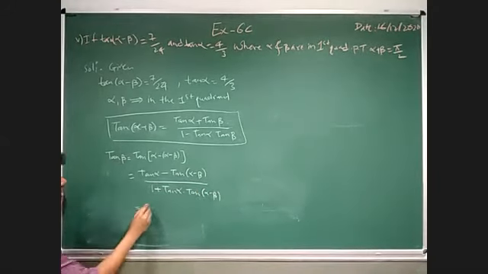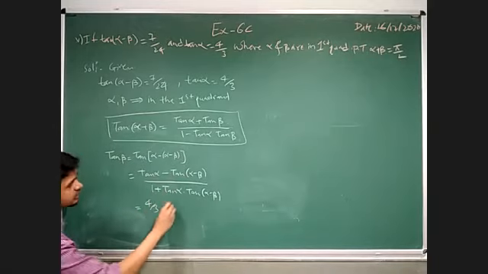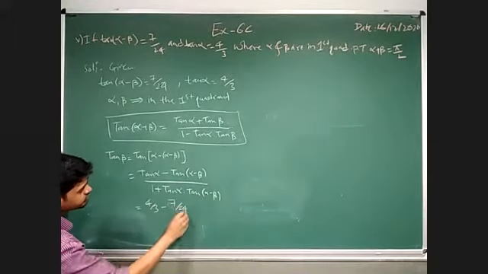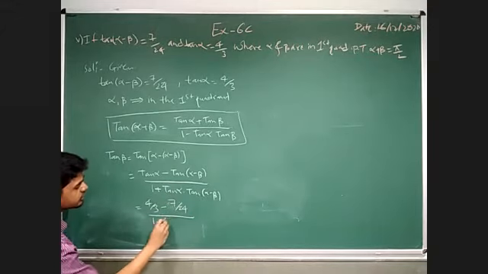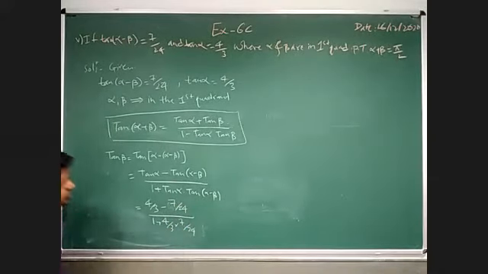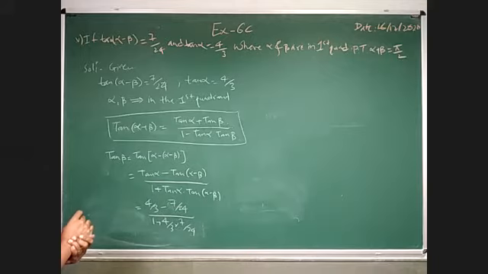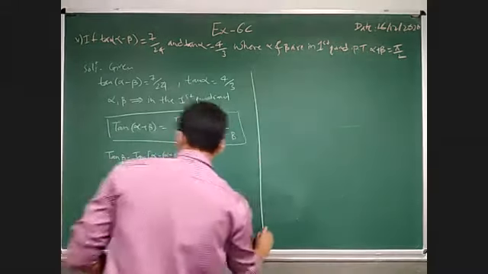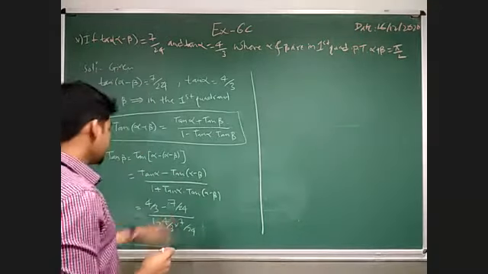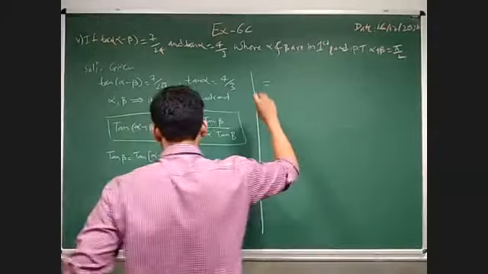So tan alpha is nothing but 4 by 3, minus tan(alpha minus beta), which is nothing but 7 by 24, over 1 plus tan alpha 4 by 3 and tan(alpha minus beta) 7 by 24. So just do simplification here.